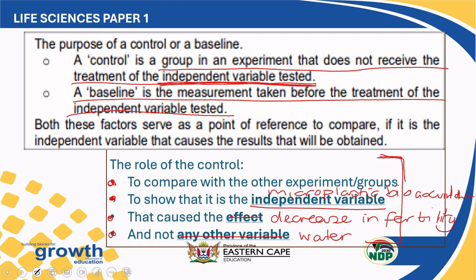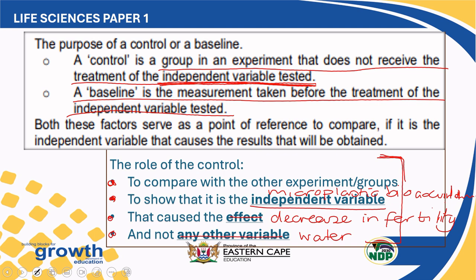An example of this would be when we are giving somebody, for instance, a food diet, and we want to see how glucose level is affected by eating food. Before the person has food, we would take their glucose level. This would be the baseline measurement. And then we would take their glucose levels after eating food.